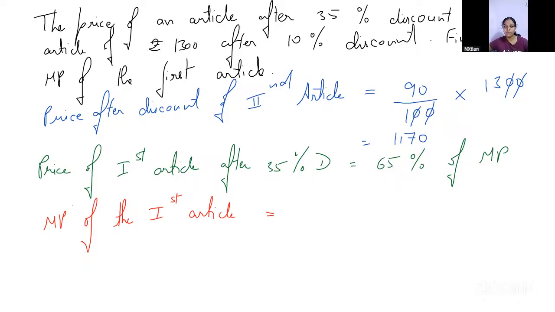We will divide 1170, that is the price after discount of the second article, by the 65%.